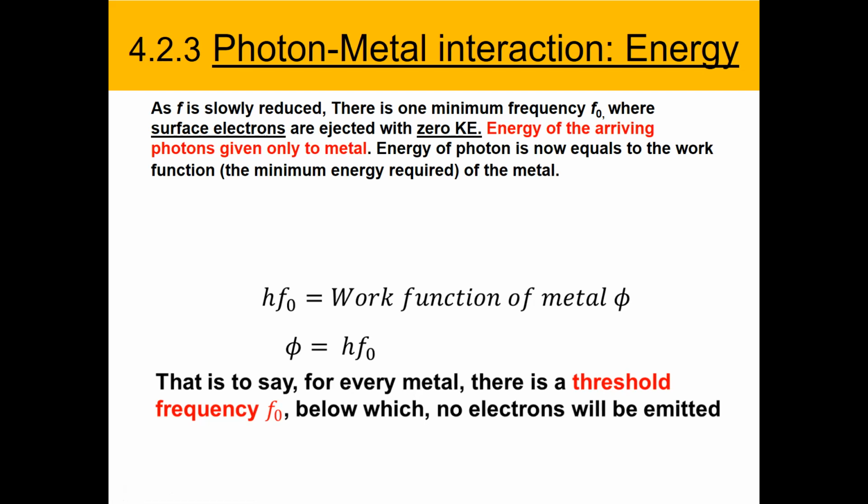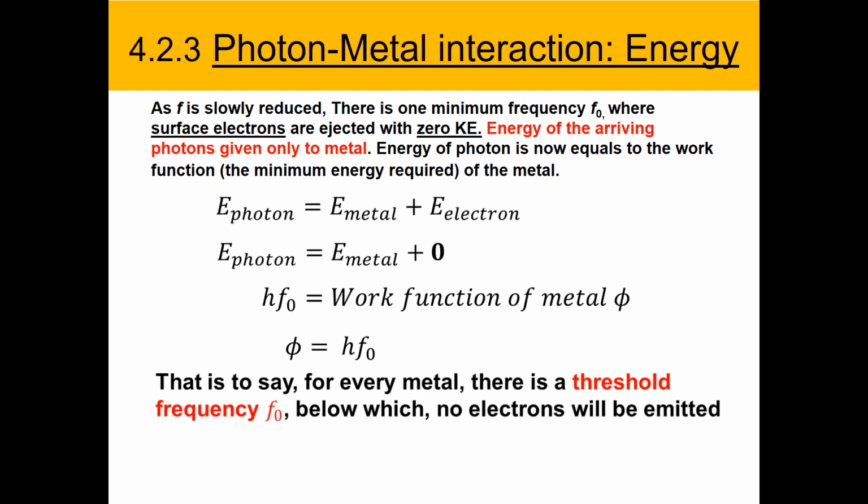Even the surface electrons are ejected with 0 keV. So the energy of the photons is given purely to the metal, and we know that the energy given to the electron is 0. So this means that the work function of the metal must be equal to the energy at that minimum frequency.